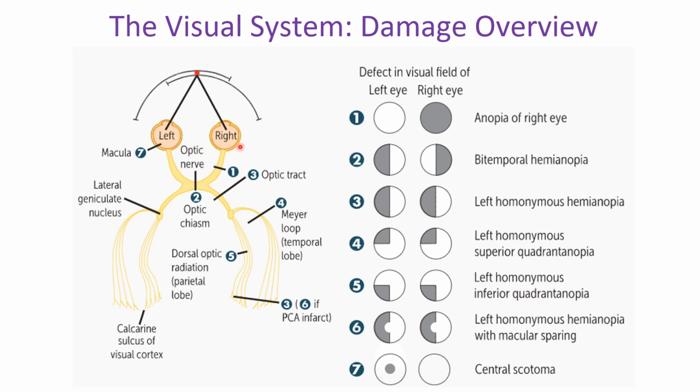And when we translate that to your visual fields, it's going to be the opposite. So basically, when you cut one optic tract, you're going to cut the opposite side's visual fields in both eyes. So that's why it's going to look like this. So you cut a tract, you're going to cut the other half of your vision out on each eye.